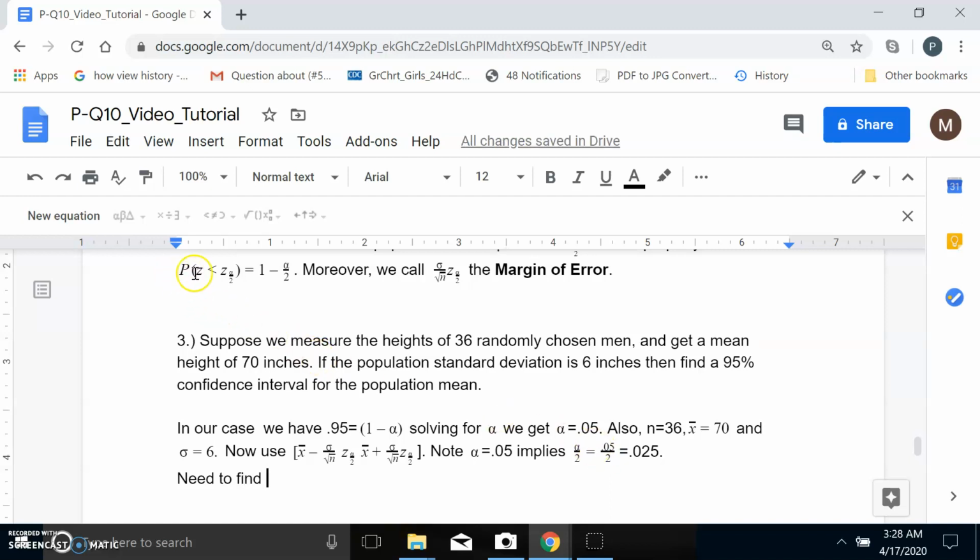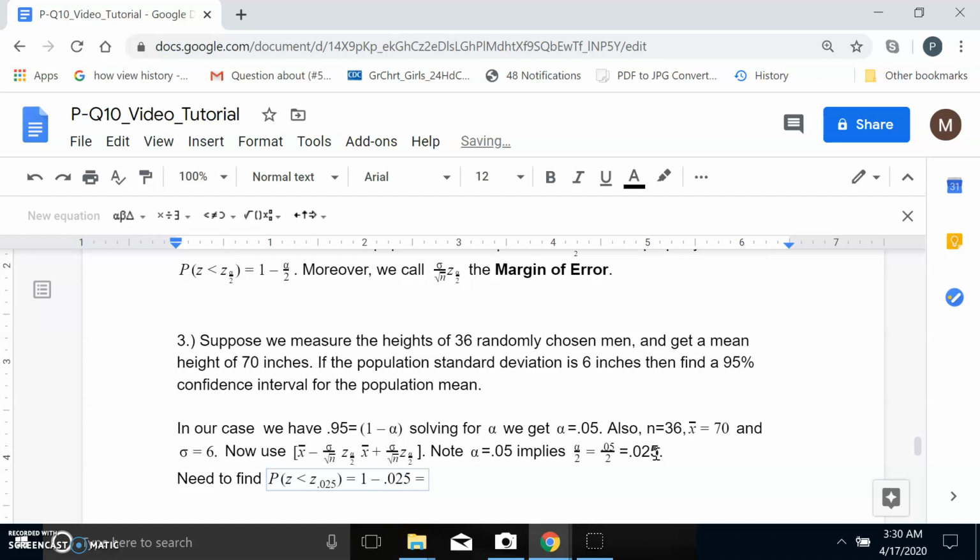Okay, we need to find now the z with alpha over 2 being 0.025. So let me write that. P of z less than z alpha over 2, where the alpha over 2 value is 0.025, will be equal to 1 minus 0.025.